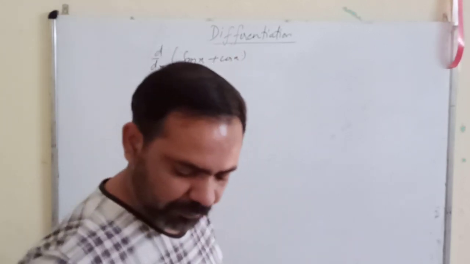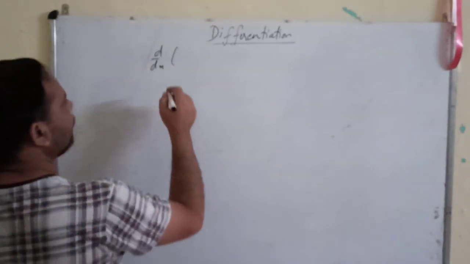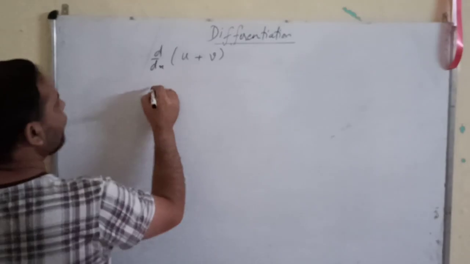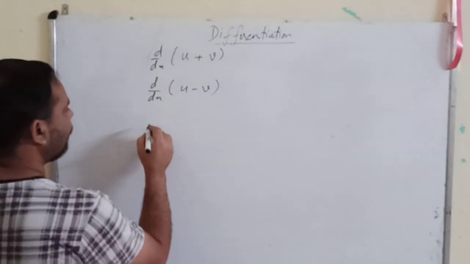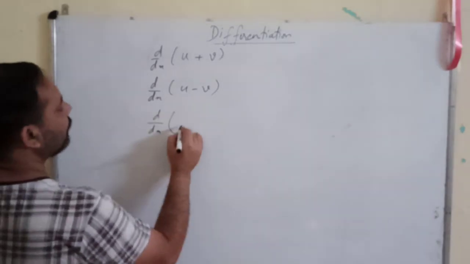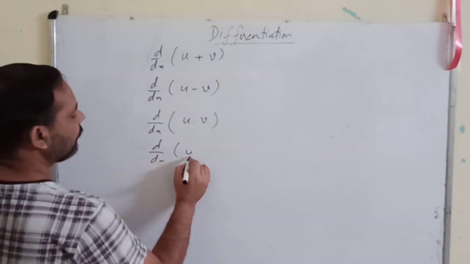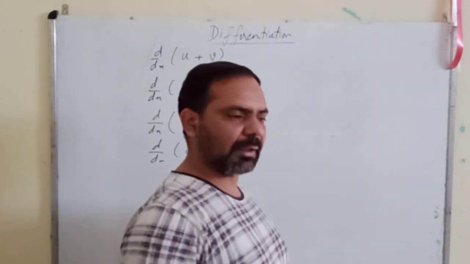Means suppose you have u plus v, or d by dx of u minus v, or d by dx of u into v, or d by dx of u divided by v.